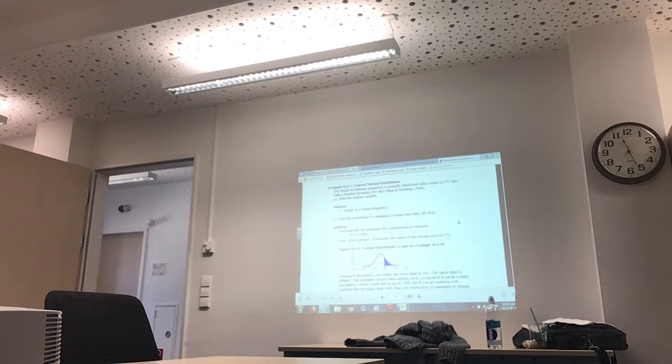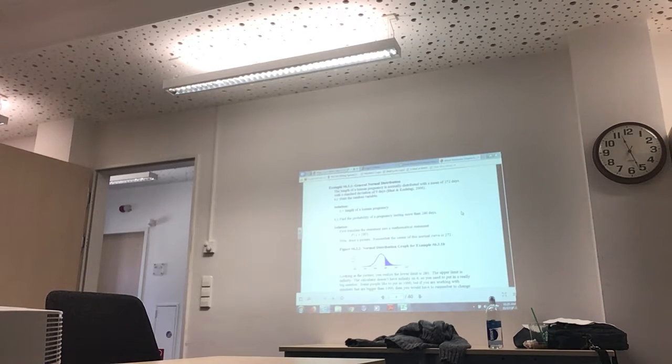All right, so we'll look at the first one here. Example 6.31 says, the length of human pregnancy is normally distributed with a mean of 272 days with a standard deviation of 9 days. So I have a bell curve, a normal distribution, and on average the mu is 272 days.